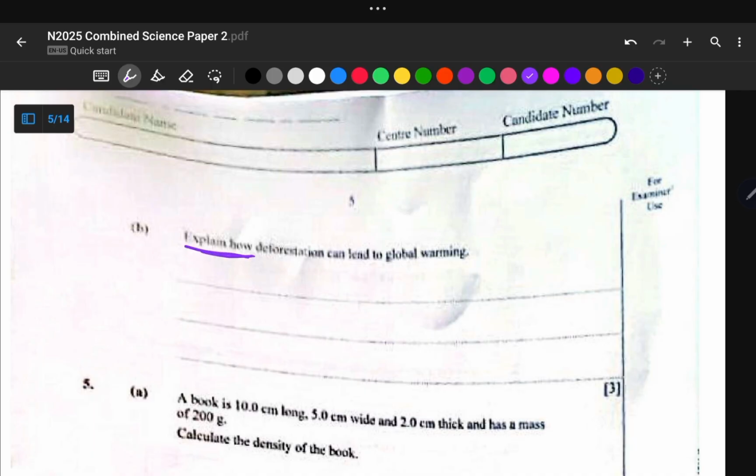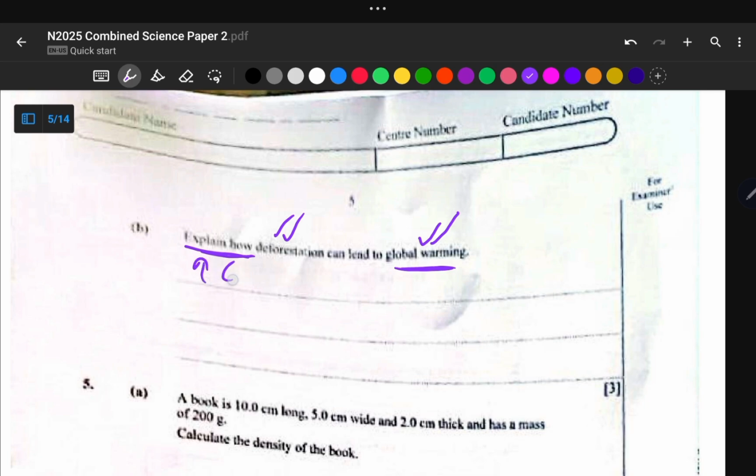So the next part says explain how deforestation can lead to global warming. First you need to understand the term global warming, the gradual increase in temperature, and what deforestation is, the uncontrolled cutting down of trees. By cutting down trees, we are reducing the surface area for photosynthesis, since the leaves absorb carbon dioxide during photosynthesis.